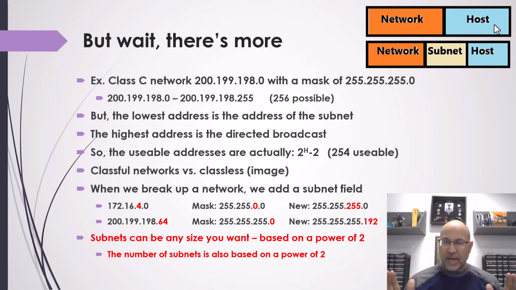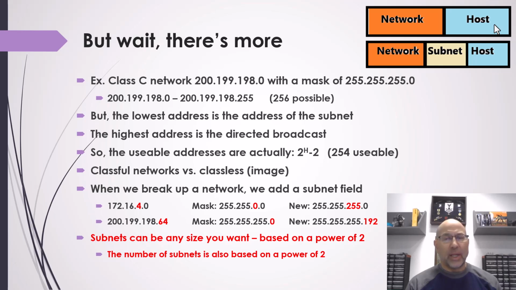That's what the default mask does for us. But if we decide to subnet this, then we have to realize that there's a network field, a host field, but right in the middle is also a subnet field. These are the bits that we're going to manipulate. Now there's a very nice pattern that we can get used to seeing, and we'll talk more about that in another video or in some of the supporting material for this video.